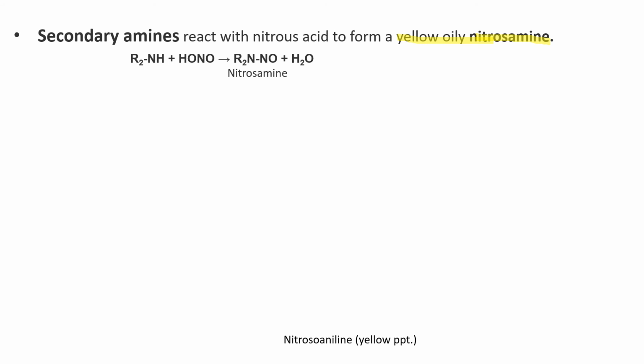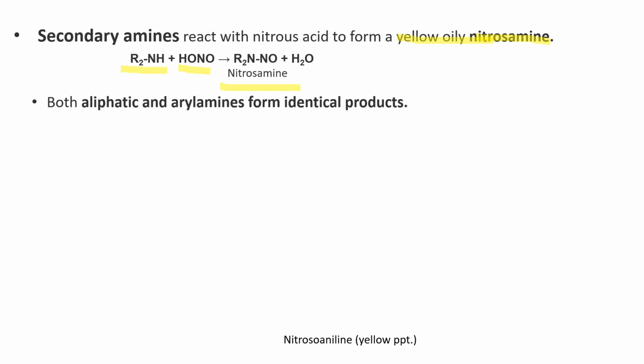So here R2NH with HNO2 forms nitrosamine, which is a yellow oily compound. Here both aliphatic and arylamines form identical products. So for the secondary amine reaction with nitrous acid, both alkylamine and arylamine form the identical product, or they react in a similar way.